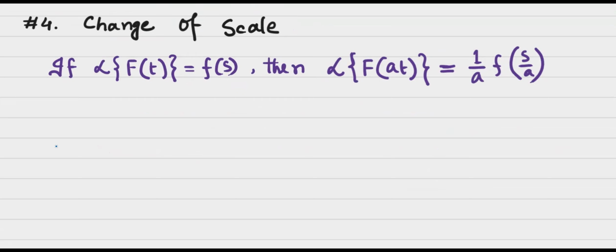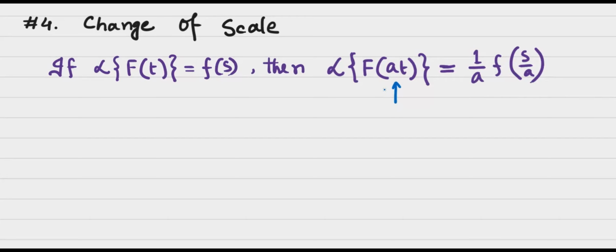Finally, as the fourth property, we enlist the one called the change of scale. So what we basically do is, by taking f of t and scaling its argument by a factor, in this case we have called this factor a, we want to see what is the change induced in the corresponding Laplace transformation.